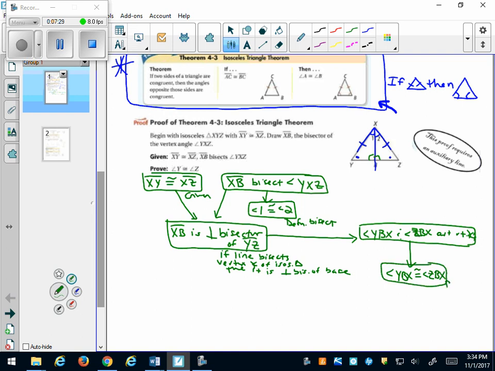Remember, that was called the right angles theorem. If two angles are right angles, then they are congruent to each other. Okay, so we have 1 congruent to 2, and we have these two right angles are congruent to each other. Now we want to somehow involve angle Y and angle Z, because those are the ones we're trying to prove congruent to each other.